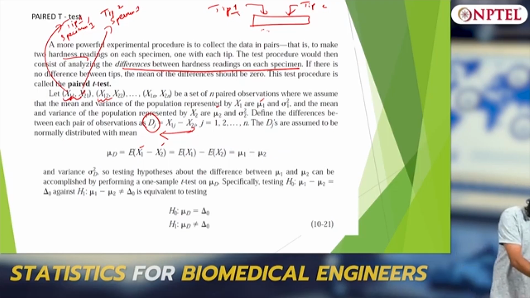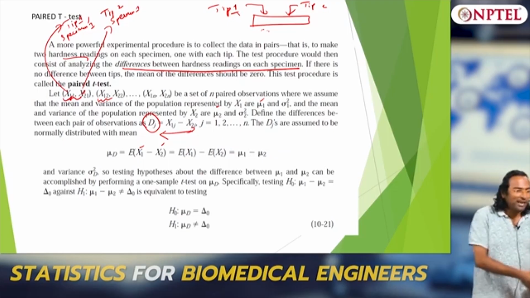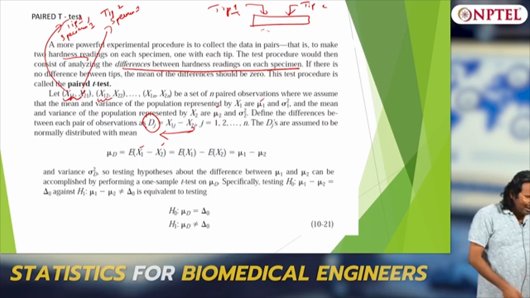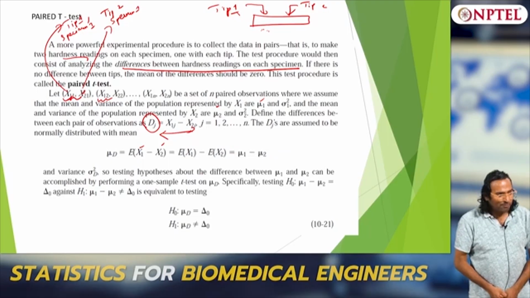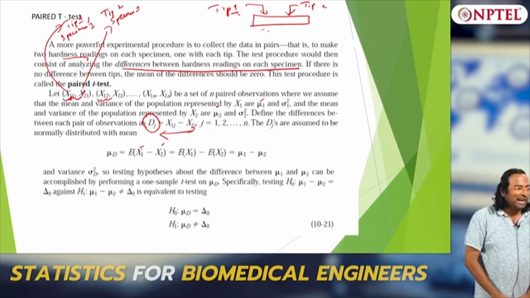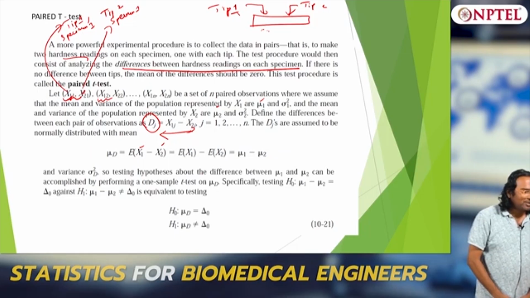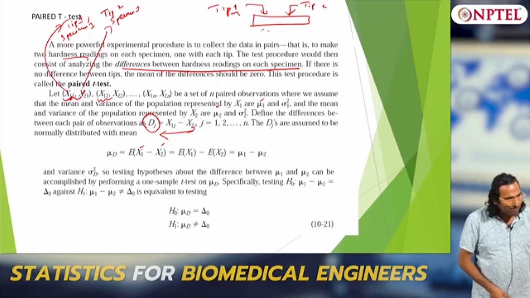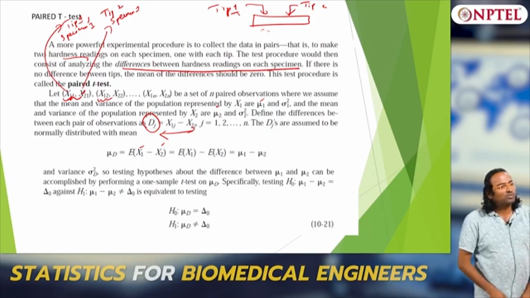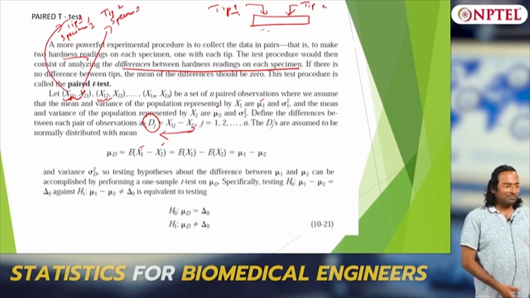Drug 1 on sample 1 and drug 2 on the same sample 1 is not possible, because you cannot force a person to take 2 drugs for the same issue, first problem. Then even if they take them, there may be interactions of the 2 drugs. So you give drug 1 to sample 1, but drug 2 to sample 2, and sample 2 should closely resemble sample 1.